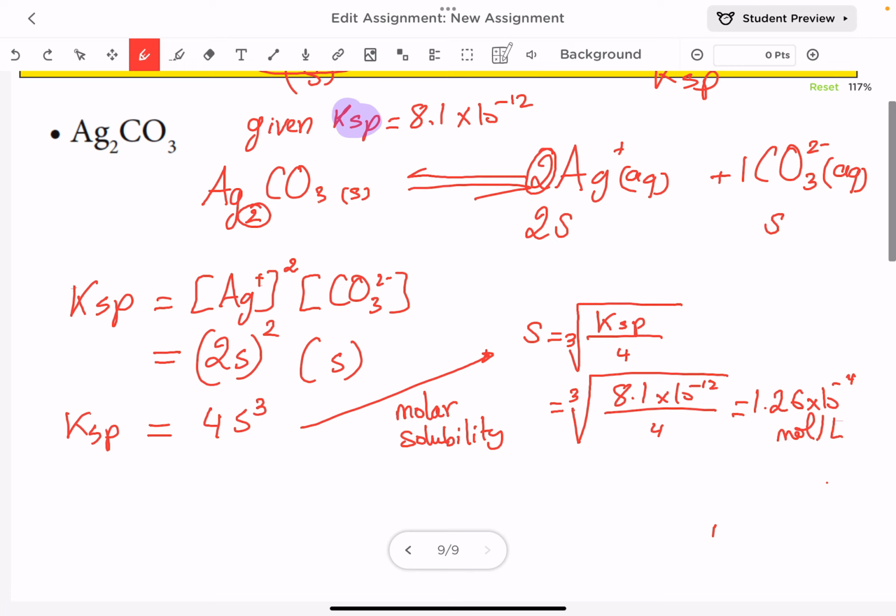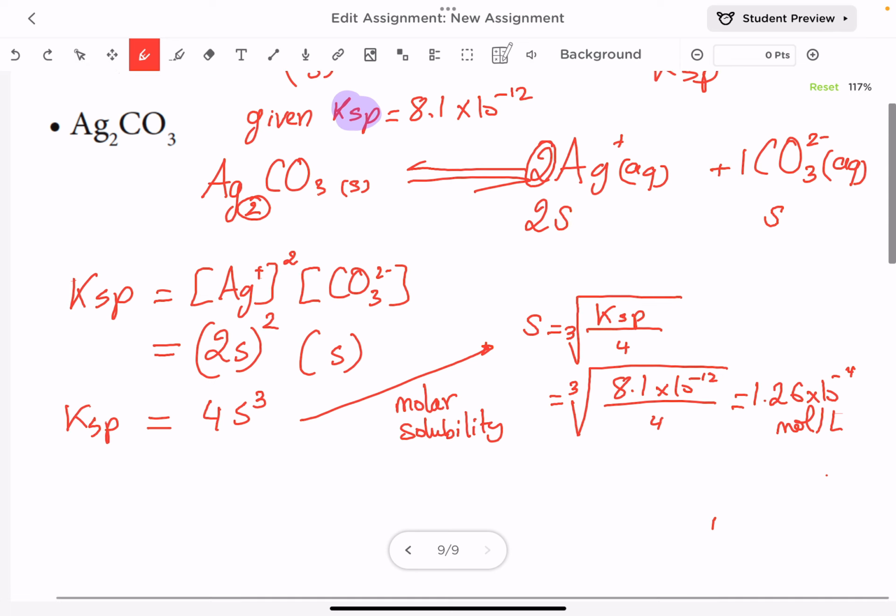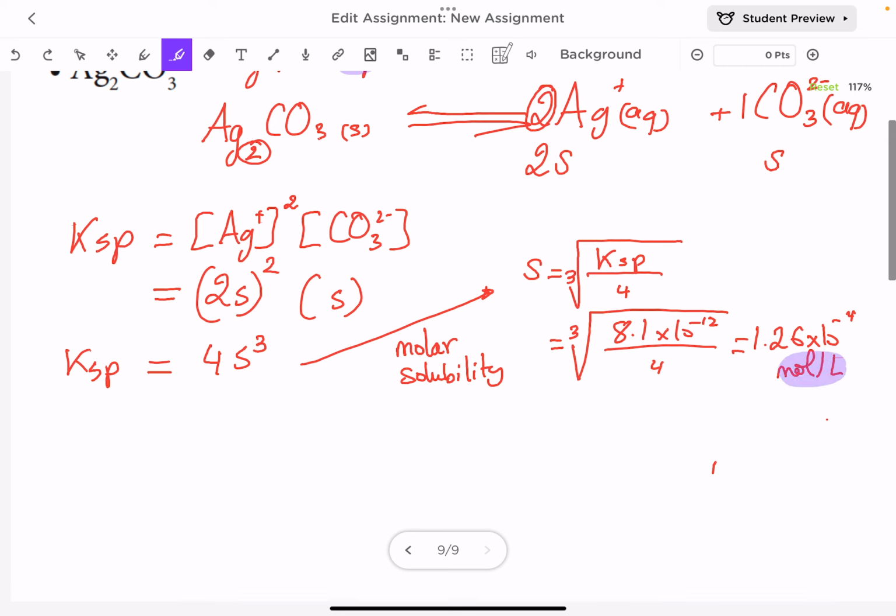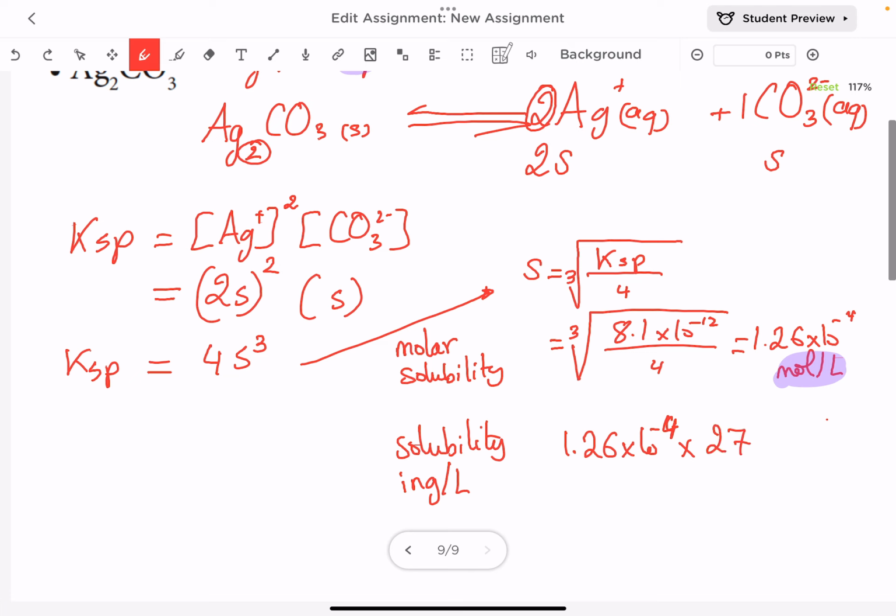Now, if the question is asking you to calculate the solubility in gram per liter, then this calculated molar solubility you will have to multiply by the molar mass. So to get the solubility in gram per liter, all I need to do is multiply this value by the molar mass of silver carbonate, which is equal to 275.75.